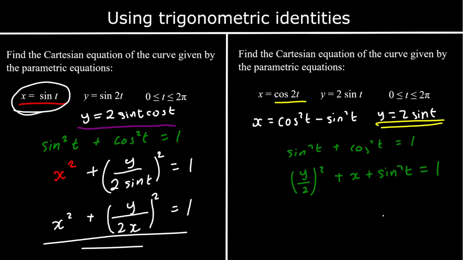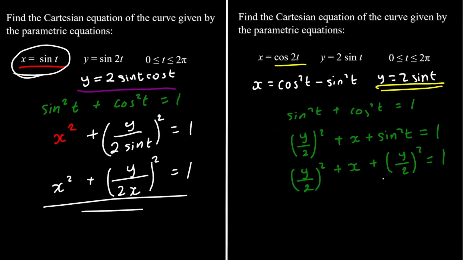And then again, sine t is y over 2. So I've got y over 2 squared plus x plus another y over 2 squared equals 1. So I will simplify that into 2 y over 2 squareds plus x equals 1.